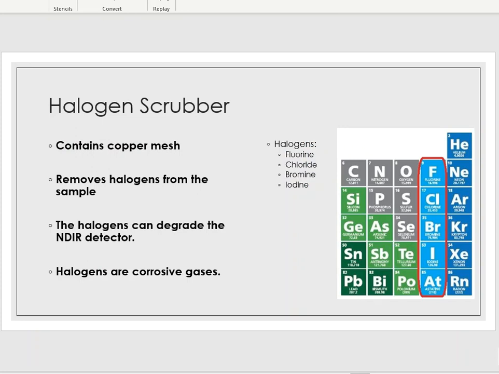So on this slide, over on the right-hand side, you're going to see the area that has the halogens. And it's already circled in red. Right here you go. These are what we call the halogens on the periodic table. Fluorine, chlorine, bromine, iodine, astatine. Those are the halogens. And for us, in particular, we mainly are worried with fluorine, chlorine, and bromine.